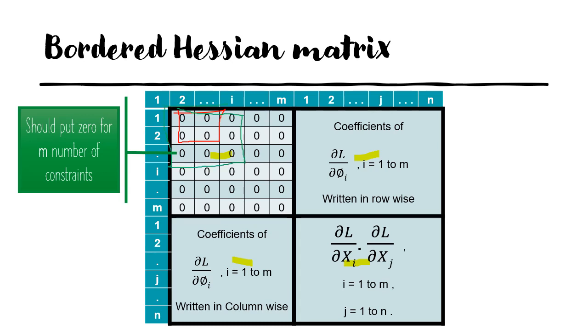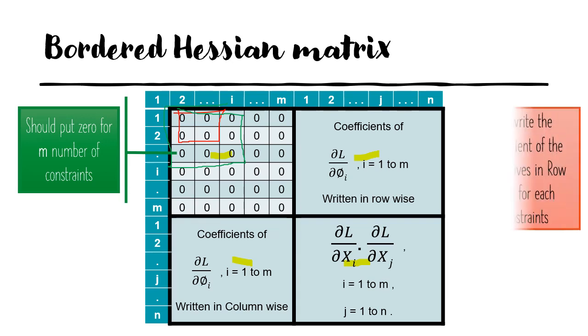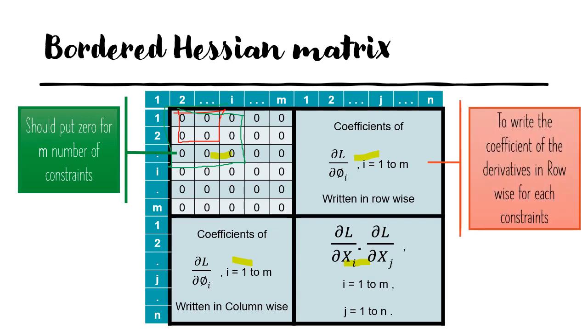This has to be written in the first segment. The second segment indicates the coefficients of derivatives, and it has to be written row wise. So you partially differentiate L with respect to phi I, and whatever coefficients you have have to be included row wise.